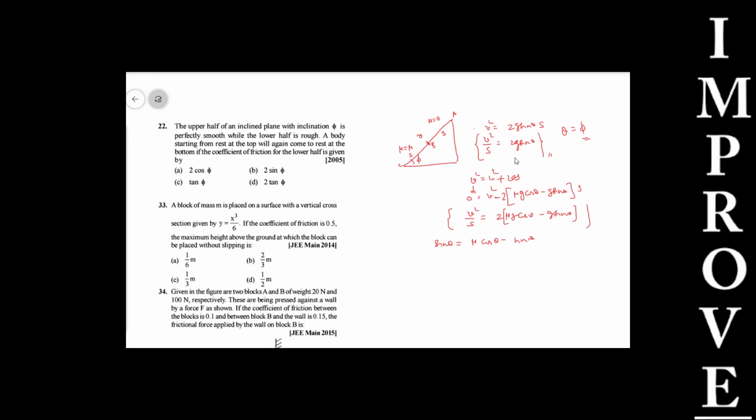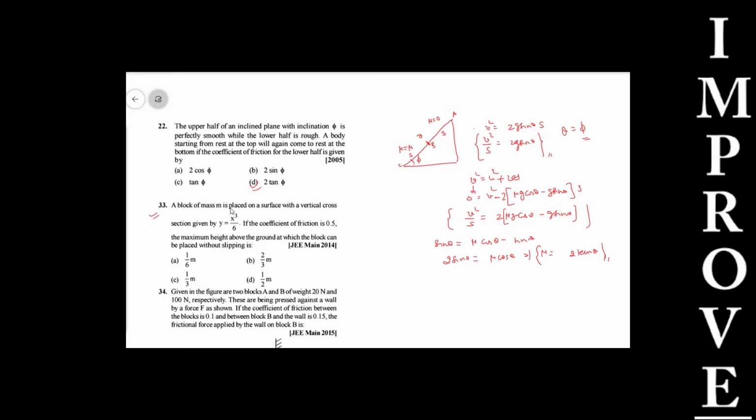Keep in mind this 2 gets cancelled out and this g also gets cancelled out, so this becomes 2 sin theta is equal to nu cos theta, or nu is equal to 2 tan theta, or 2 tan phi. Okay, so this is the answer. Let's move on to the next problem.